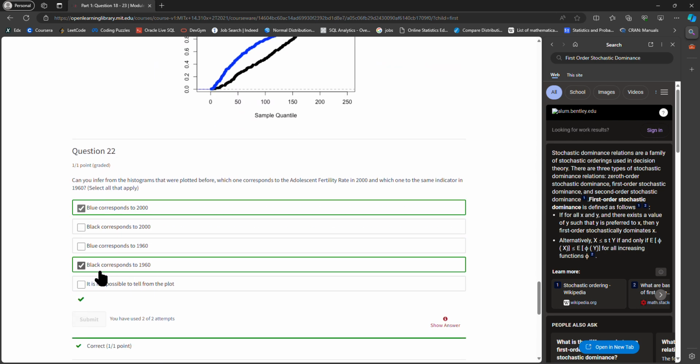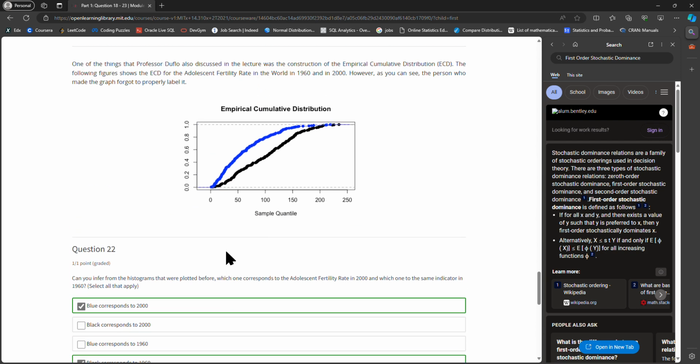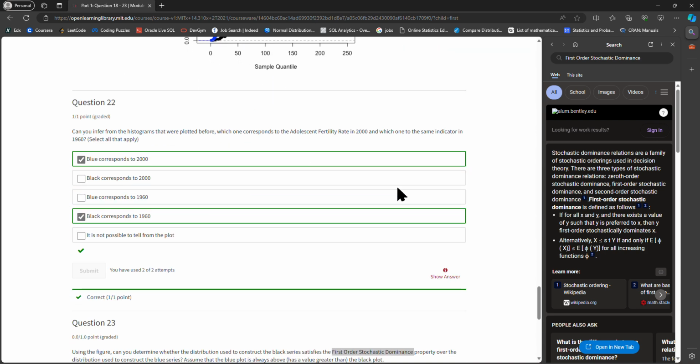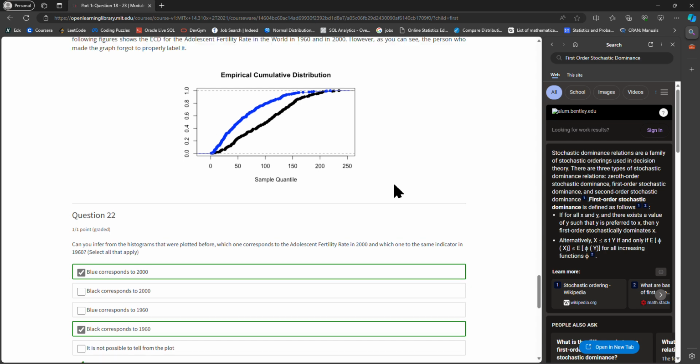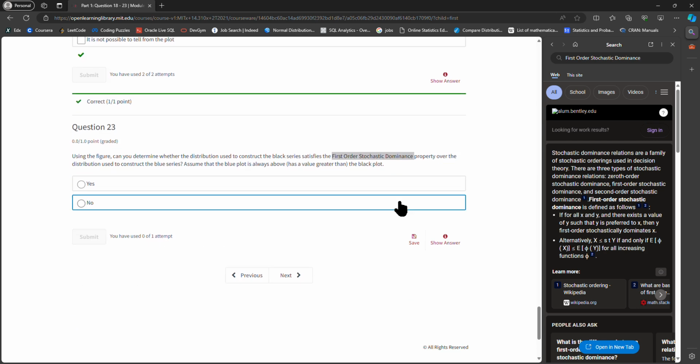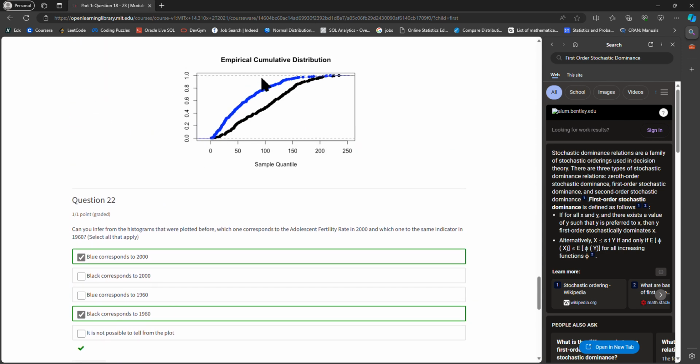What we are asking is whether 1960 always dominates the blue series. And the answer is no, I think, because the blue series is always dominating, right? This is more preferential.